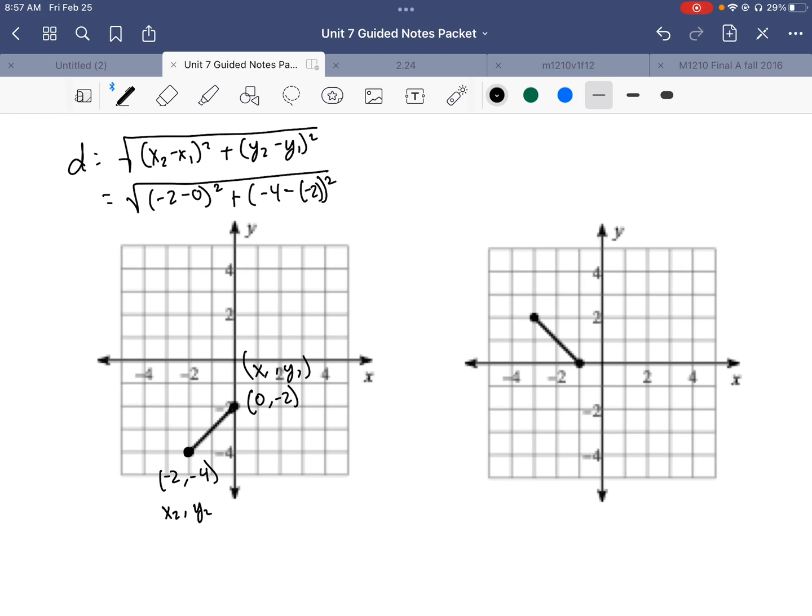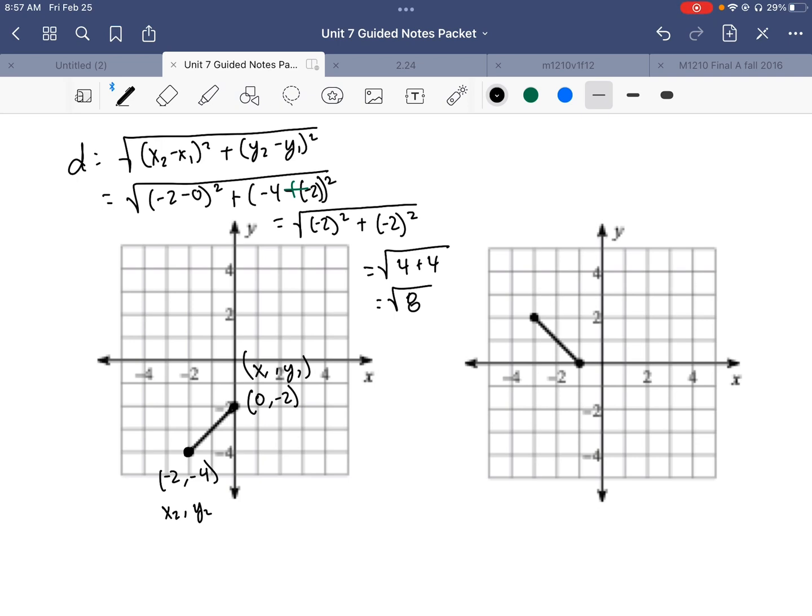Okay, and again, you can put it straight into your calculator from there. I'm going to simplify a little bit. So negative 2 minus 0, that's just negative 2 squared, plus, and remember this turns into a plus, so negative 4 plus 2 is actually negative 2 squared. So that one's going to be 4 plus 4, which is the square root of 8.